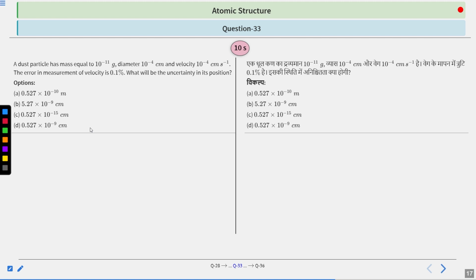What will be the uncertainty in position? Options are A 0.527 into 10 to the power minus 10 meter. Option B 5.27 into 10 to the power minus 9 meter. Option C 0.527 into 10 to the power minus 15 centimeter. And option D 0.527 into 10 to the power minus 9 centimeter. So you have 10 seconds to solve this question. Your time starts now.